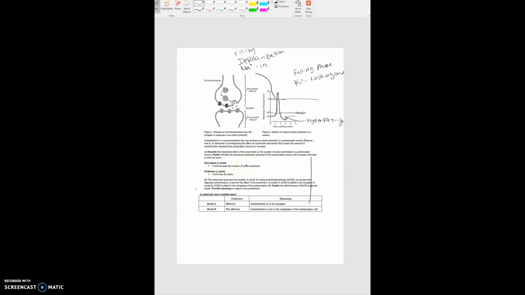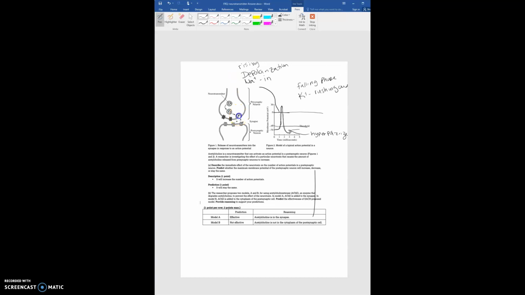Yes, this should make sense, because if we increase the amount of acetylcholine, so remember this is our acetylcholine out here, it's going to cause a stimulation, and then the stimulation is going to cause the Na plus to rush in, and then an enzyme is going to break down the acetylcholine. And so if we have enough sodium going in, we're going to have an action potential. So if we have more acetylcholine, we're going to cause more action potentials.